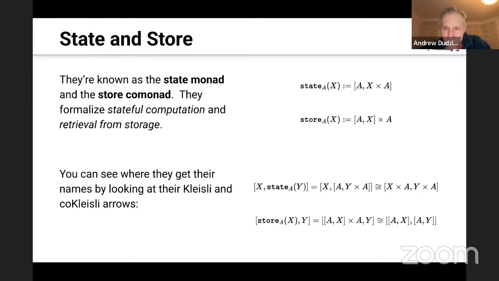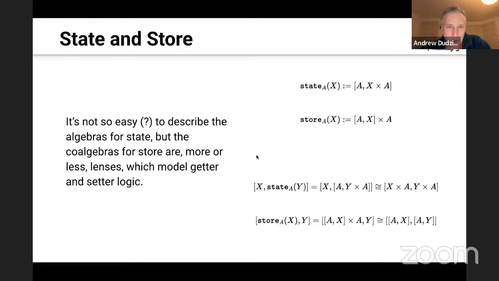Now I don't know very much about these, so I think it's not incredibly easy to describe the algebras for state, but maybe somebody else here knows better. Maybe Bruno will tell me later that there's a paper about this. But the co-algebras for store are lenses, which you may not know, but they're being used quite a lot these days. They model getter and setter logic.